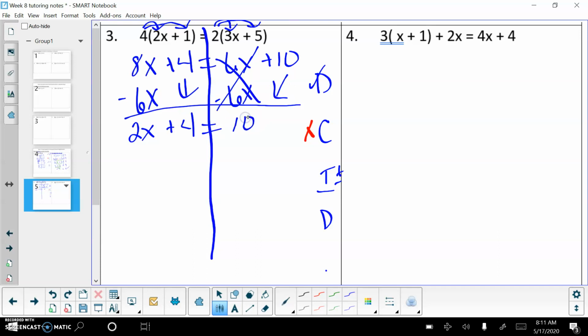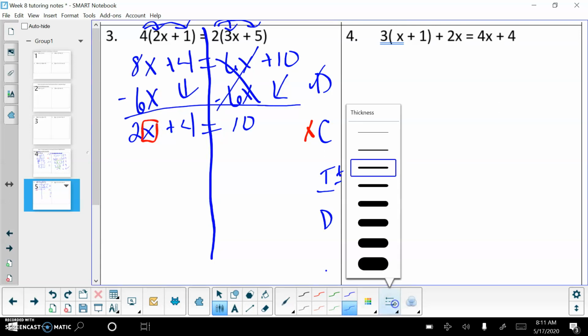So I've done one isolate step, but my x is still not by itself, and I have constants on both sides, like those number cubes, the 4 and the 10. So I've got to get them moved away. And you always go to the side with the x, because remember, you want this x by itself. So I've got to move the 2 and the 4 away.